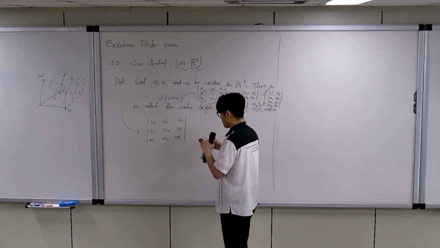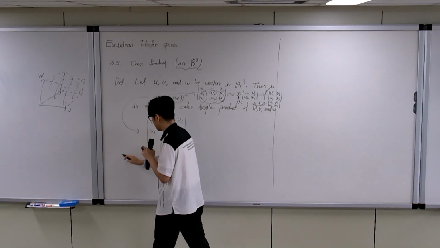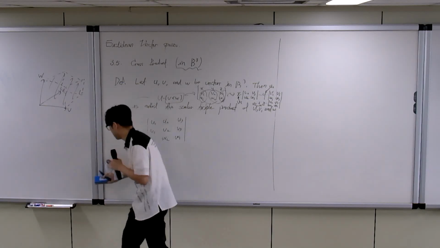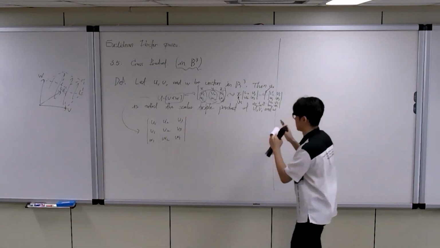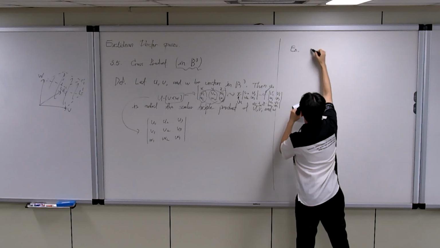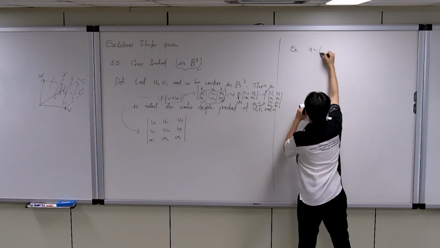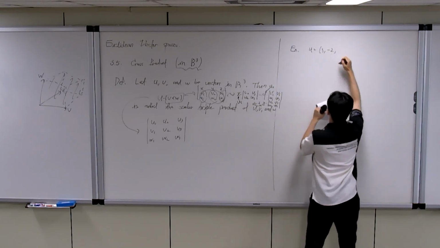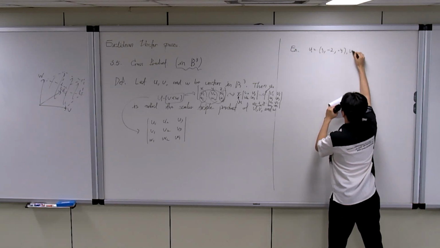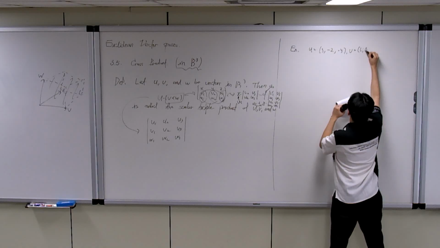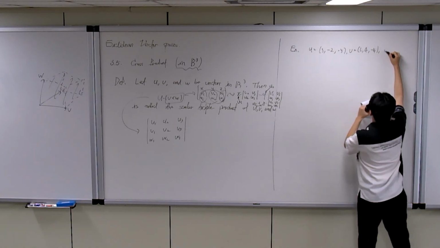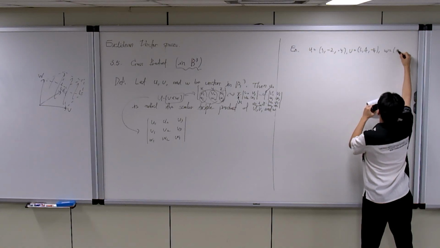So let me show that by giving an example. Let u be a vector having components 3, minus 2, minus 5, v be 1, 4, minus 4, and w be 0, 3, 2.